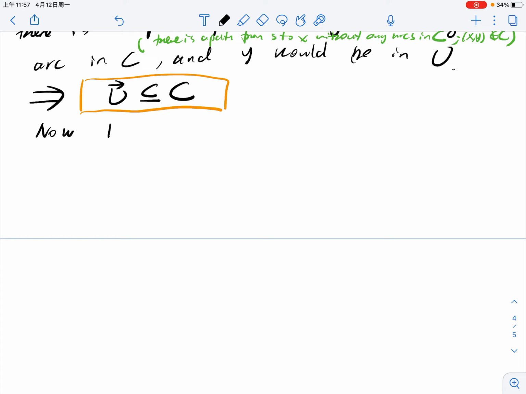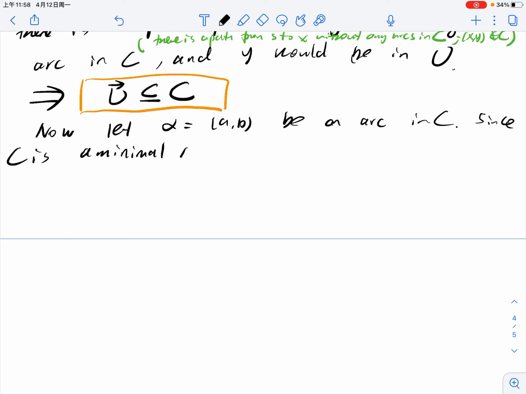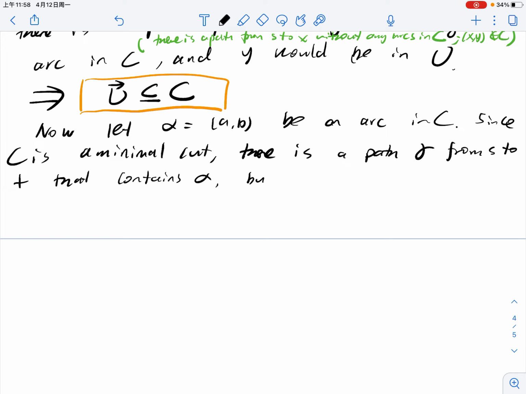So now let alpha be an arc in C. Since C is a minimal cut, there is a path gamma from S to T that contains alpha but no other arc of C.